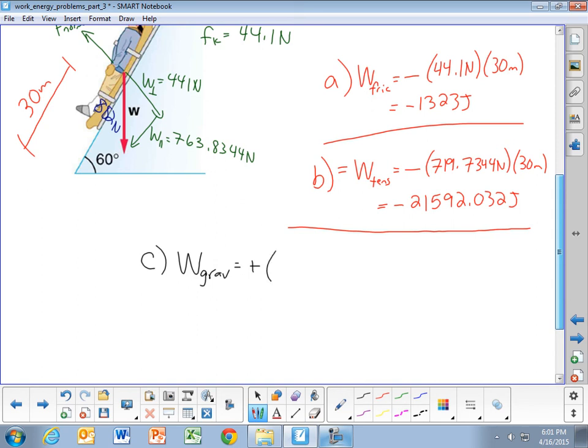And so I take that parallel component of the force of gravity, 763.8344 newtons, and I multiply by the 30 meters that it slides. And I get positive 22,915.032 joules.